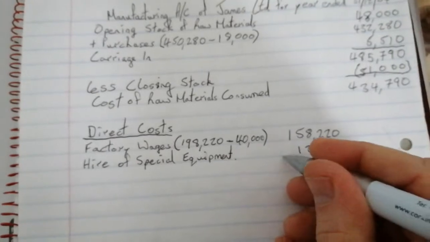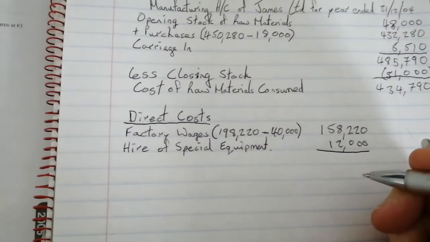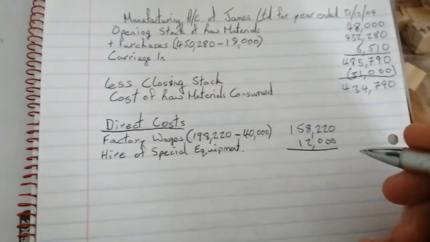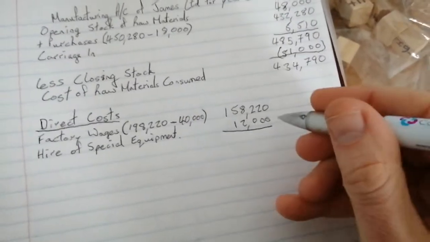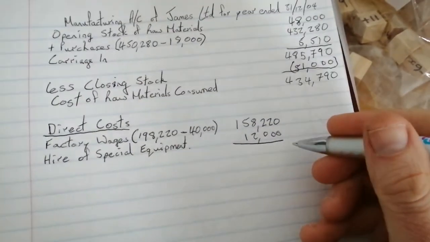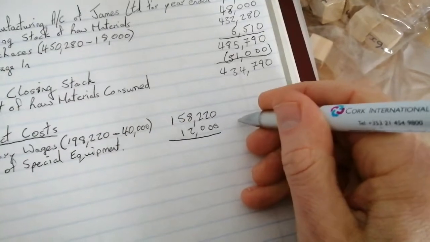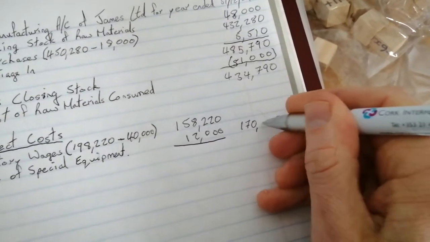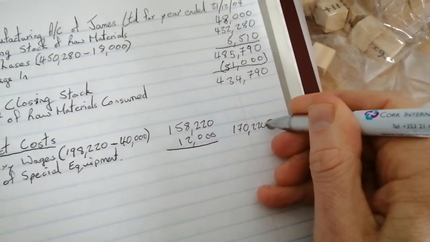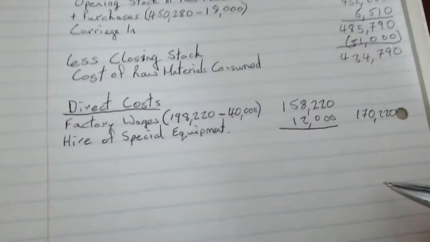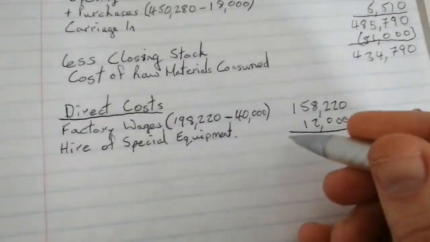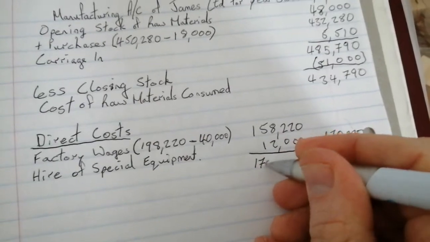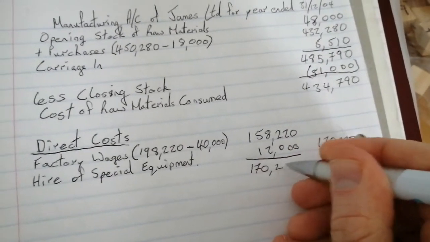Okay, so totting that up then, that's 172,220. Okay, now what you could do as well, I'll put it underneath here, just for best practice to show you, 172,220.